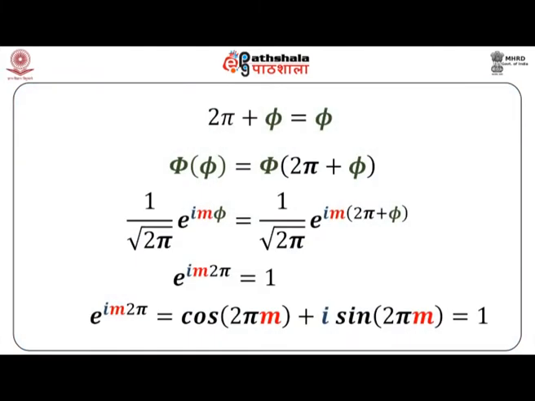And further, you can notice here that if we have the value of φ beyond 2π, it will repeat itself. Suppose we have φ equal to φ plus 2π, and then if we make the substitution, the value will come out to be the same.